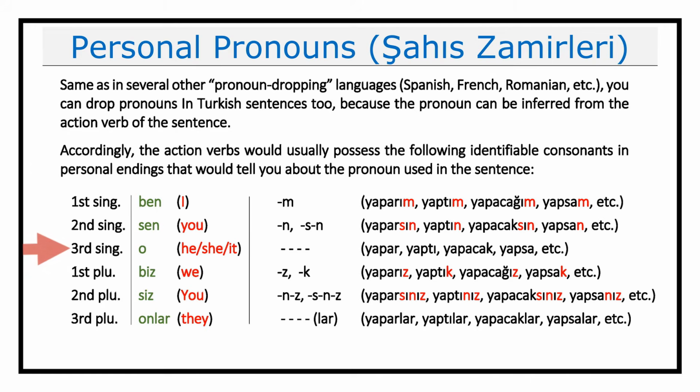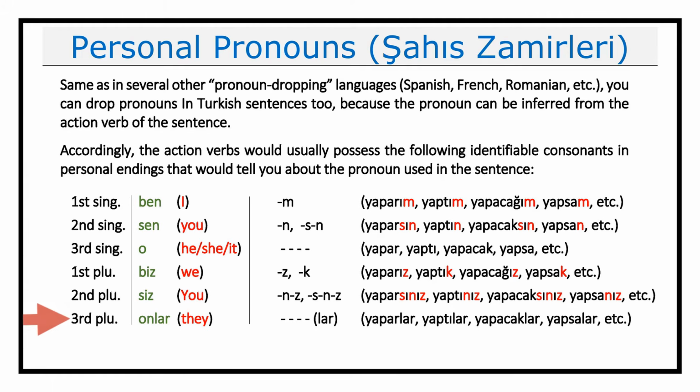For the third person singular pronoun o, you will not see any peculiar consonant or even personal ending. For the first person plural pronoun biz, you will usually see the consonant z or k. For the second person plural pronoun siz, you will usually see the consonants nz or snz.